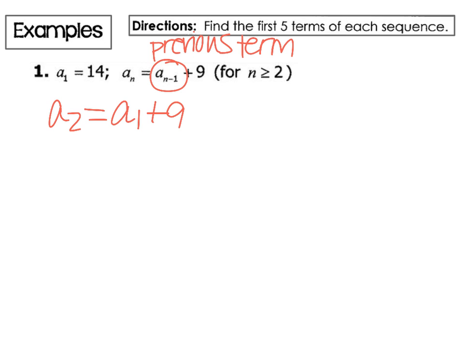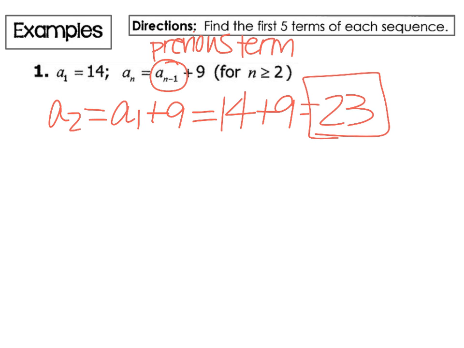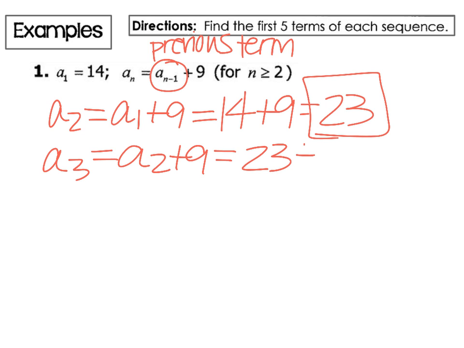We know that the first term is 14. So 14 plus 9 gives us 23. So 23 is our second term. Now to find the third term, we take the second term, 23, add 9, and we get 32.